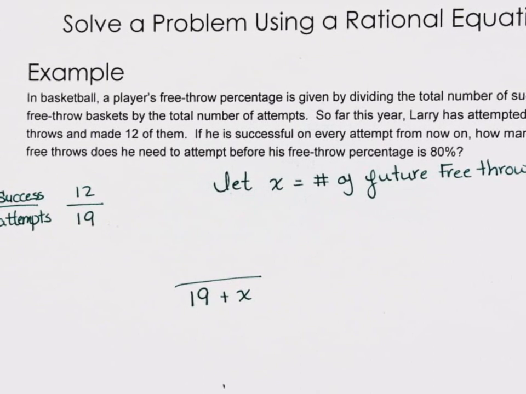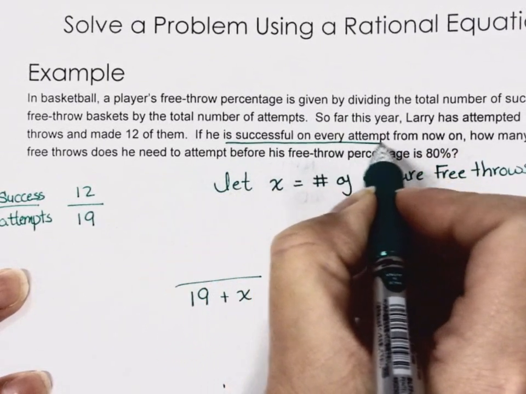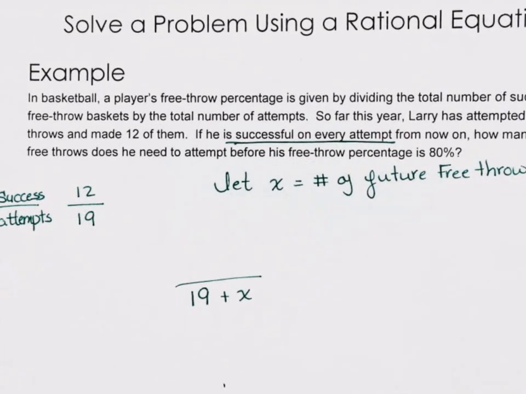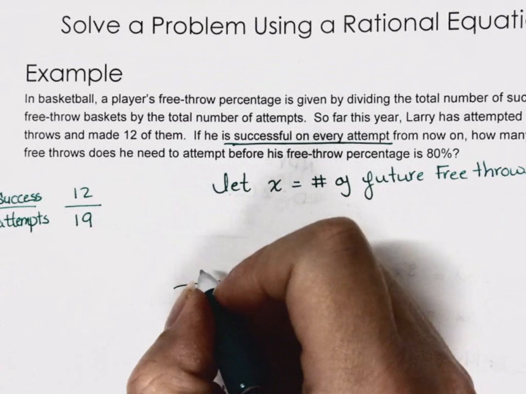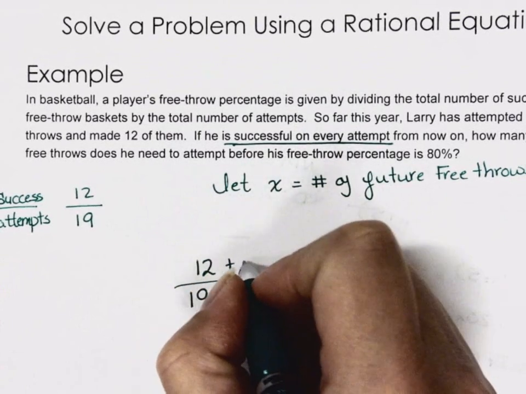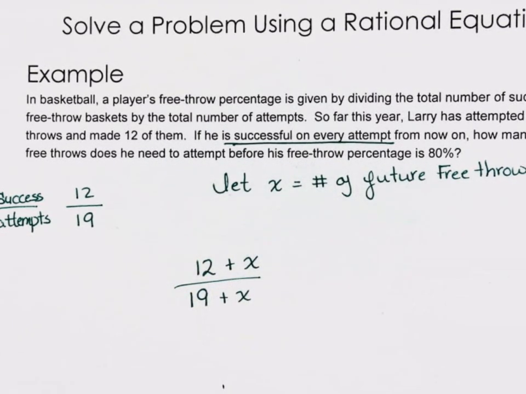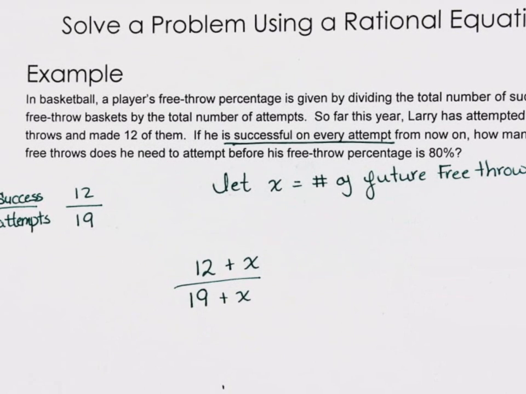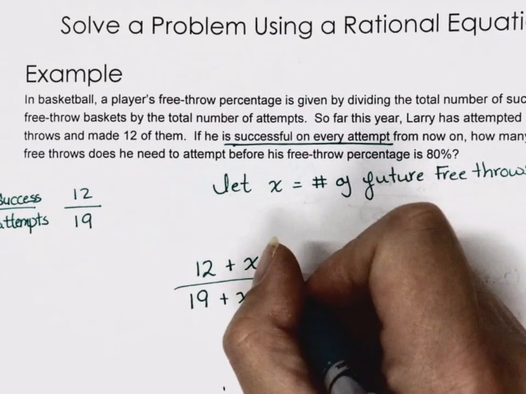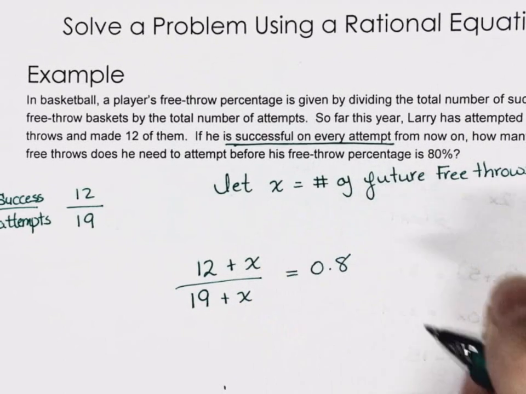But the thing here is if he's successful on every attempt, that means our numerator is going to add the same amount as well. Because we're saying he has success on these next baskets that he makes. And we know we want this percentage to be 80.